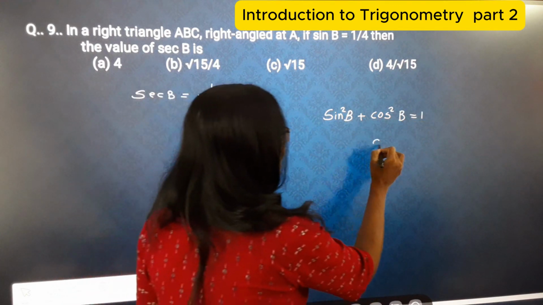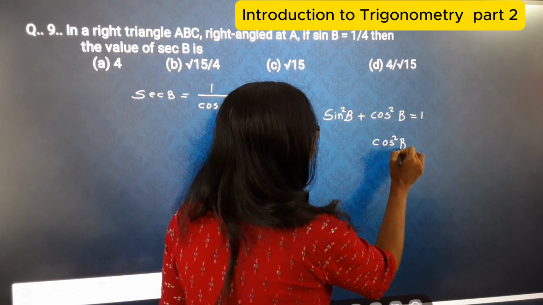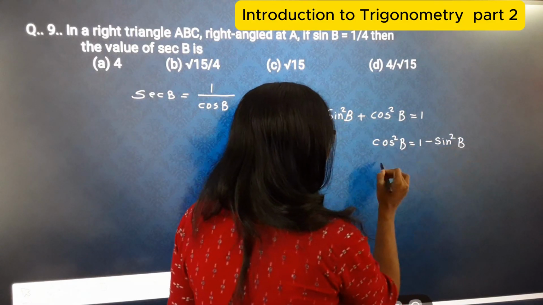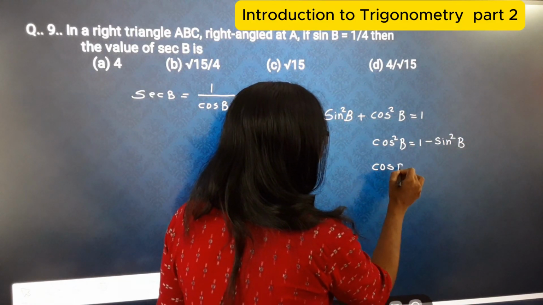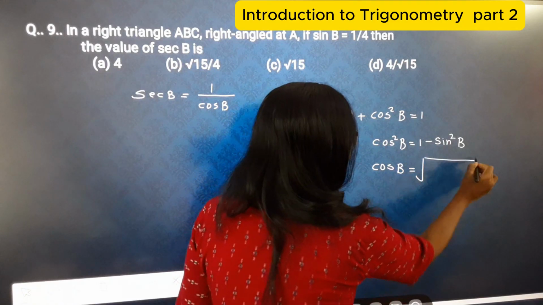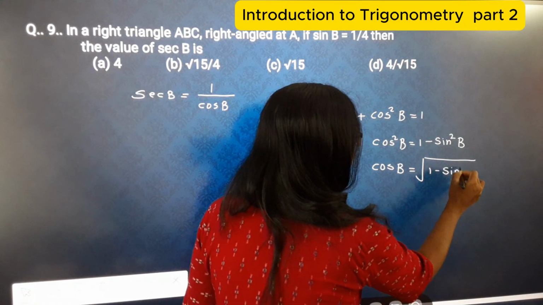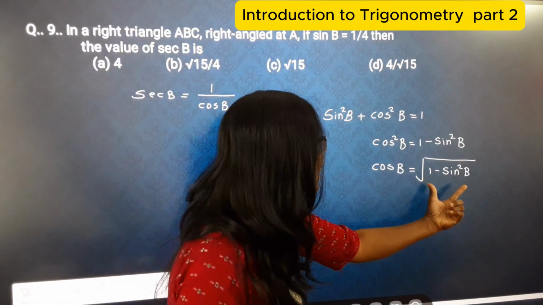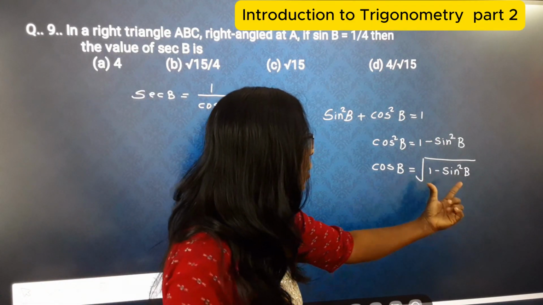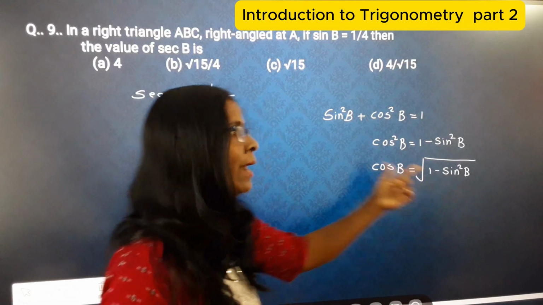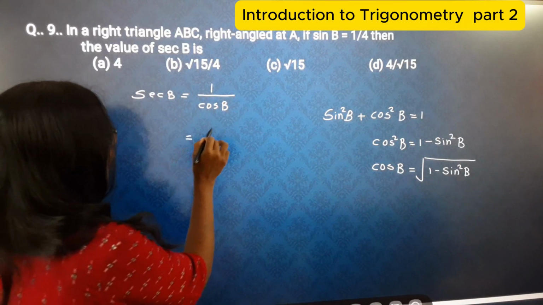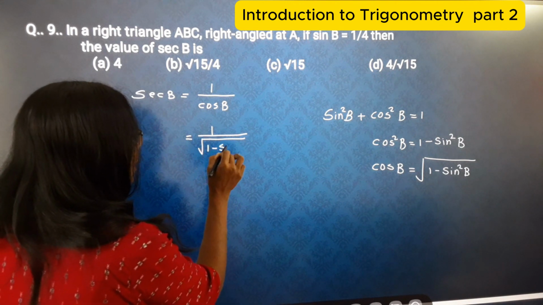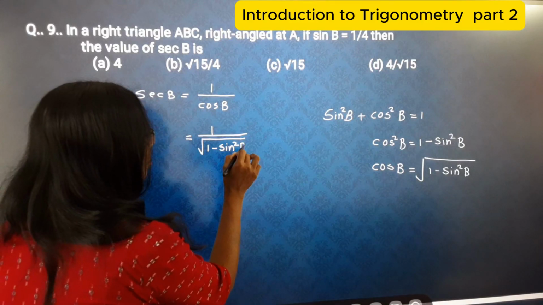So here students, we get cos square B is equal to 1 minus sin square B. That means cos B is equal to the square root of 1 minus sin square B. So this is the value of cos B, and I put this value here. So I get 1 upon the square root of 1 minus sin square B.